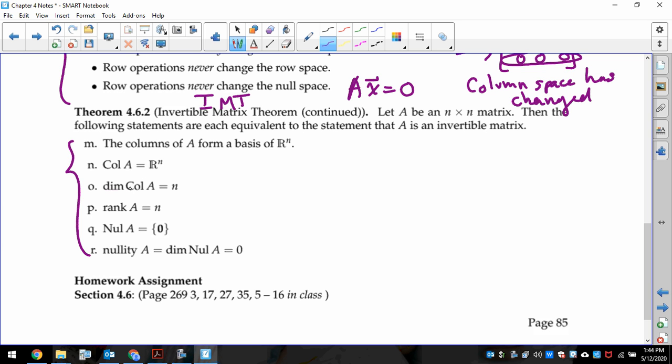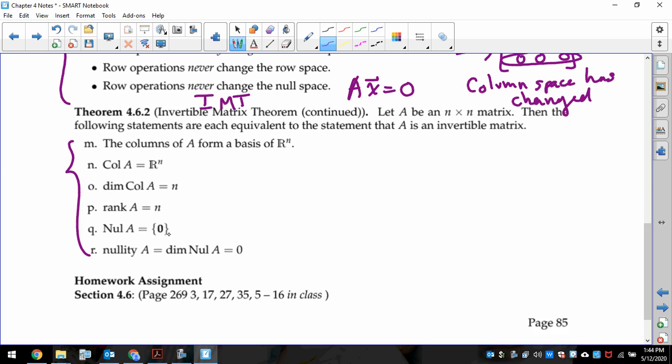The dimension is the number of basis vectors in the basis. So the number of basis vectors here is the number of linearly independent columns, which is n because the matrix is invertible. The rank must also be n, since the rank and the dimension of the column space are the same thing.